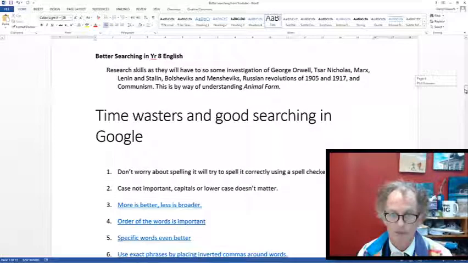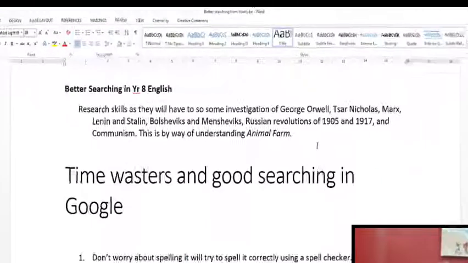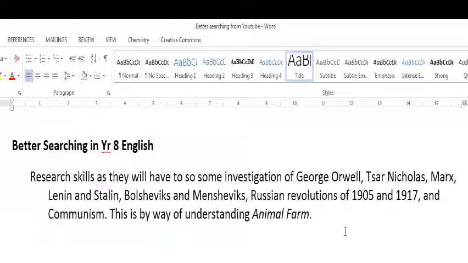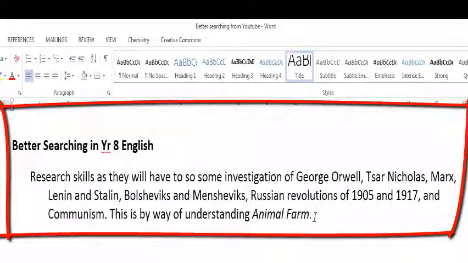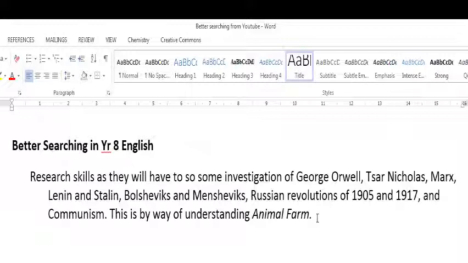First of all, we are going to look today at a particular theme, and this is one that the Year 8 English class is investigating. They're looking at investigating the book Animal Farm by the author George Orwell, and they want to relate conflict in Animal Farm to conflict which is involved in history involving people such as Nicholas, Marx, Lenin, Stalin, the Bolsheviks, Russian Revolution and communism.